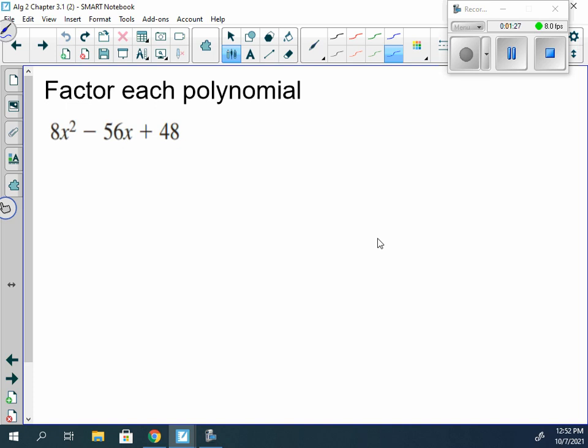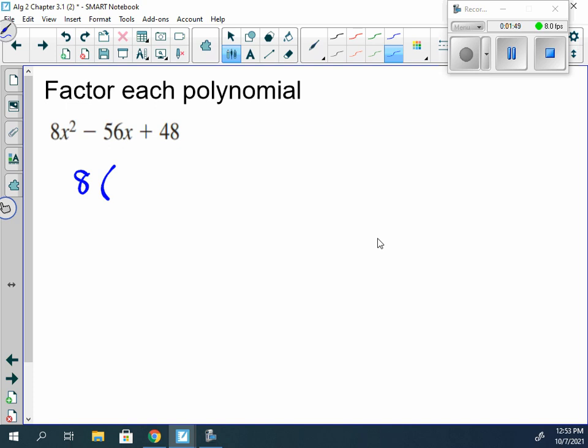And whenever we factor, the first thing we need to look for is a greatest common factor. 8 is a greatest common factor among these three terms. So we can factor it out. And when we factor out the 8, we're essentially dividing each of the terms by 8.